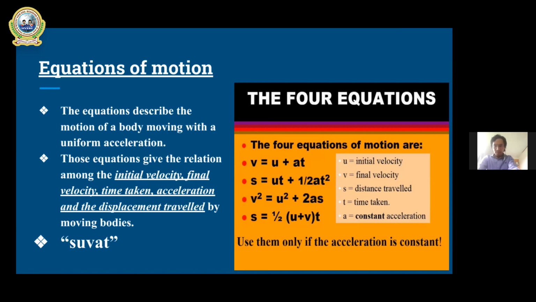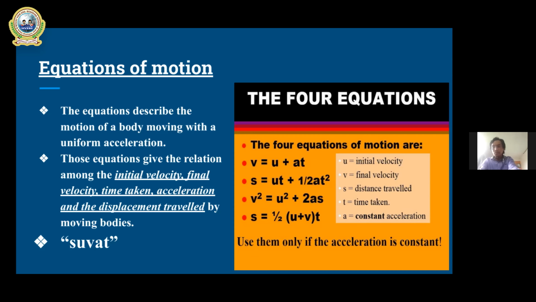You have some symbols: s for displacement, u for initial velocity, v for final velocity, a for acceleration, and finally t for time taken. These equations describe the motion of a body with uniform acceleration, and we use them to calculate quantities when other quantities are given.